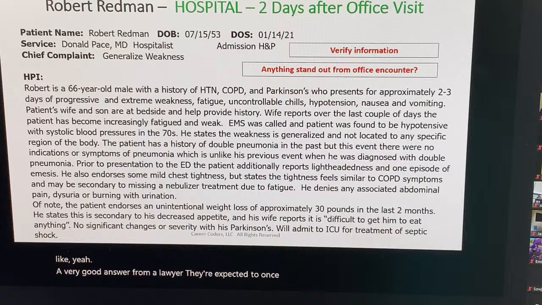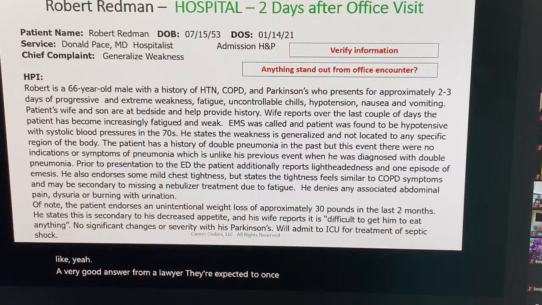He stated the weakness is generalized and not located in any specific area of the body. He has a history of double pneumonia in the past, but this event there was no indication or symptoms of pneumonia, which is unlike his previous event where he was diagnosed with double pneumonia.